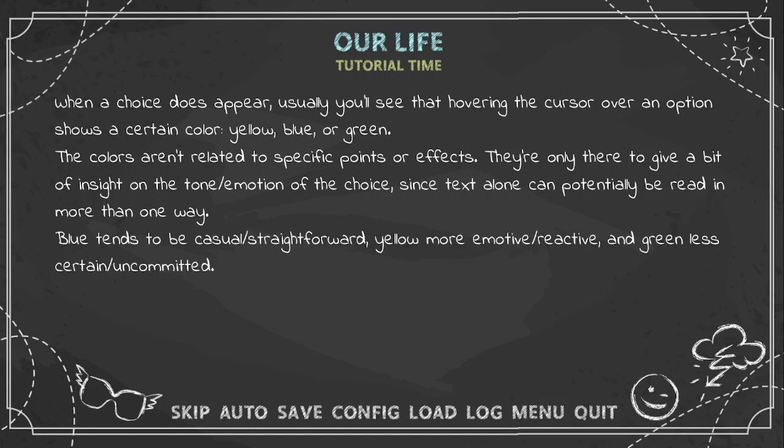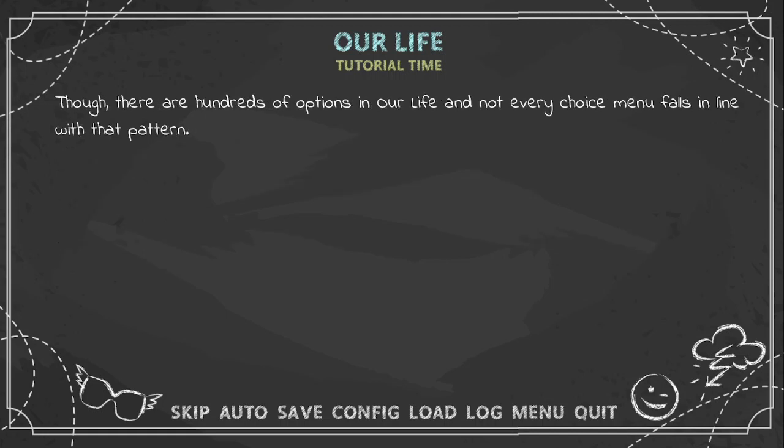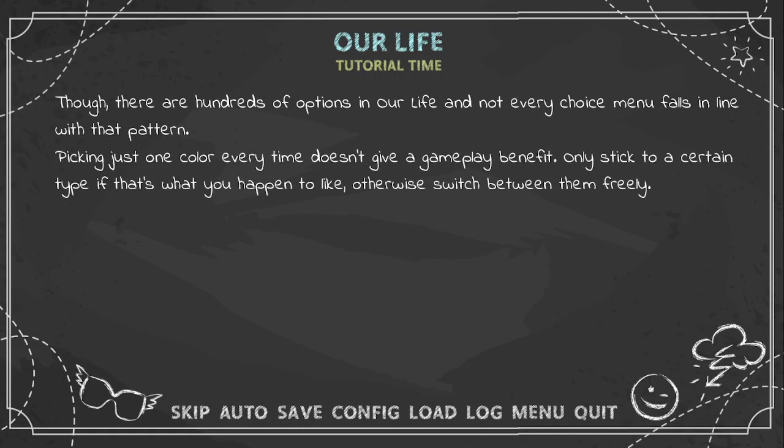Blue tends to be casual/straightforward, yellow is more emotive/reaction, and green is less certain/uncommitted. Though there are hundreds of options in our life, and not every choice menu falls in line with that pattern. Picking just one color every time doesn't give a gameplay benefit. Only stick to a certain type if that's what you happen to like, otherwise switch between them freely.